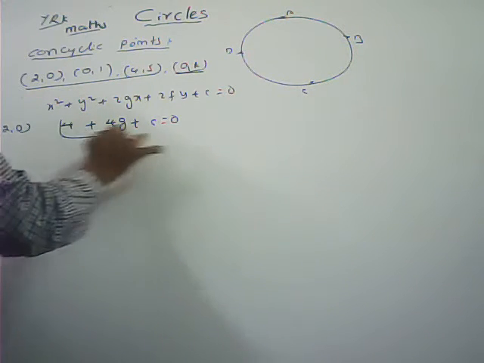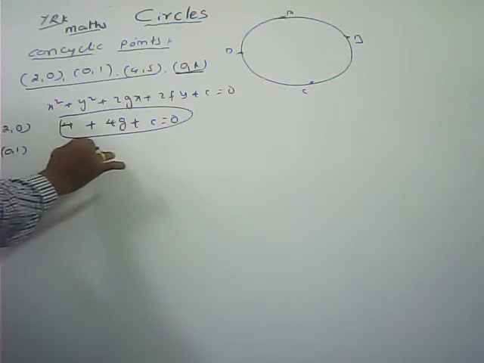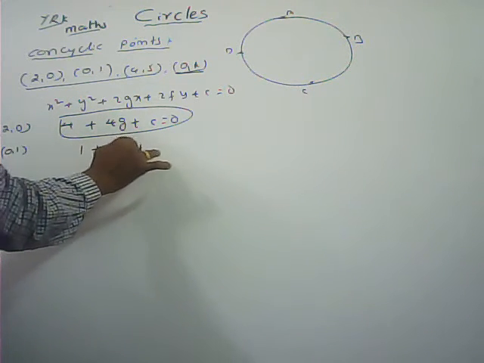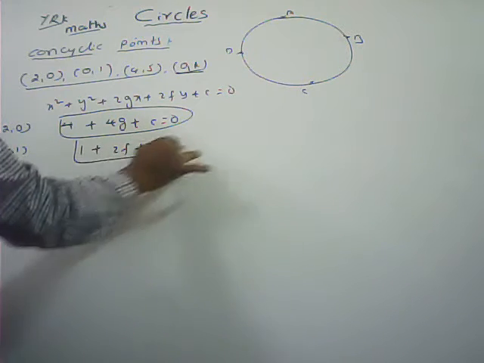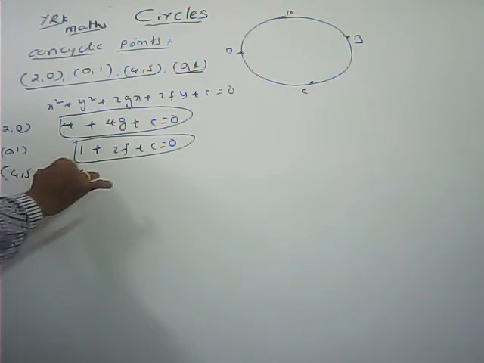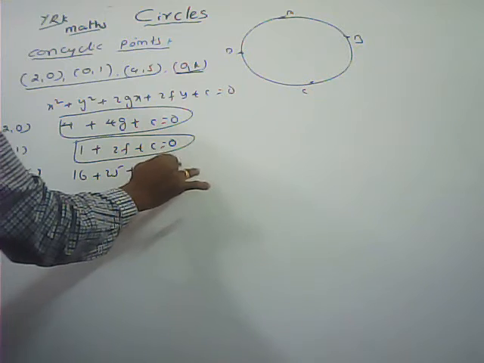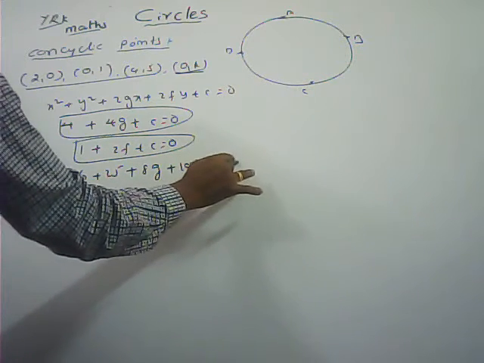Here we got one relation between g and c, keep it aside. And if it passes through 0 comma 1, we get one more relation in f and c. And if it passes through 4 comma 5, 16 plus 25 plus 8g plus 10f plus c is equal to 0.